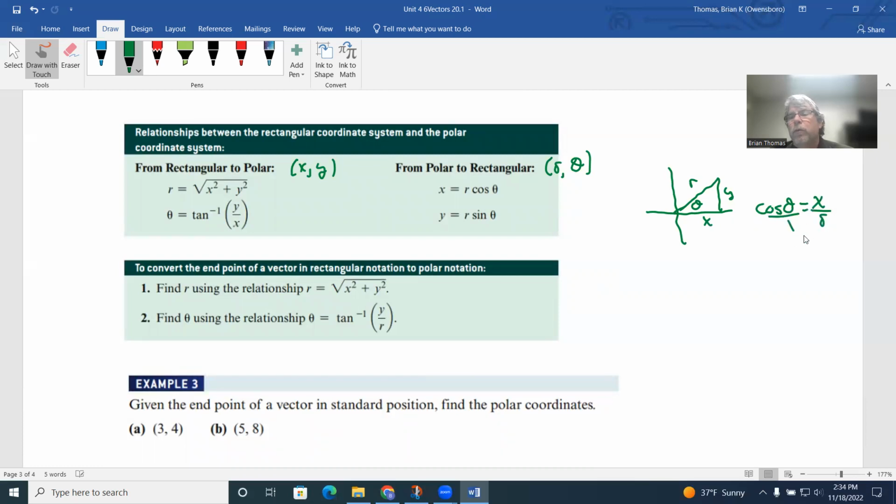If I use proportion, I can cross multiply: x is going to equal r cosine of theta. Notice that y is actually the opposite side. By definition, the sine of theta is the opposite over the hypotenuse, in other words y over r. Again, if I cross multiply, we get y equals r sine of theta. So that's where that comes from.